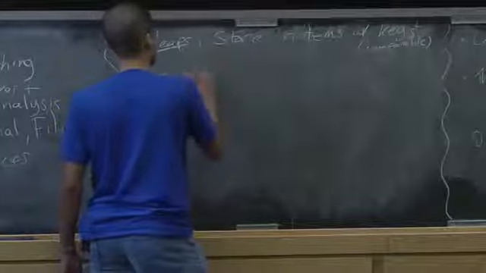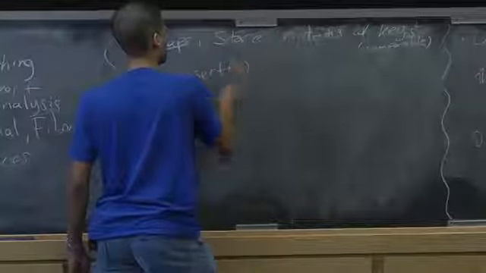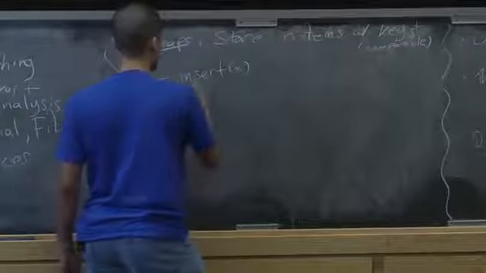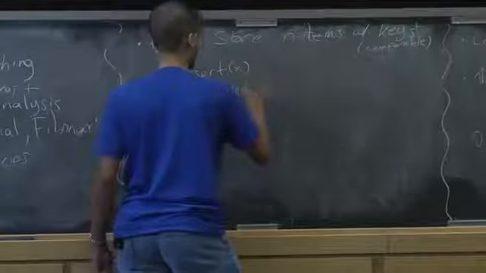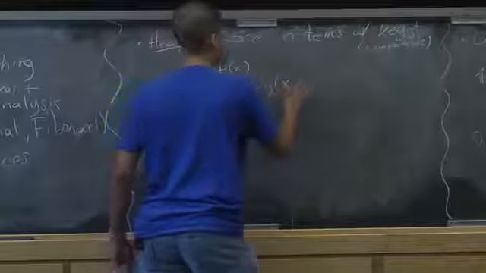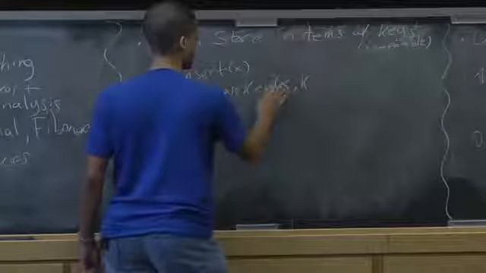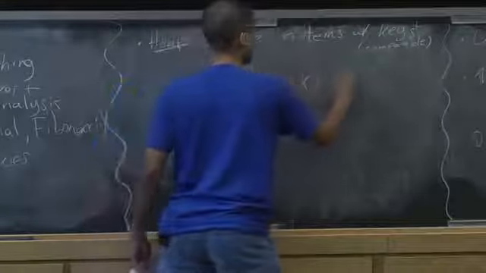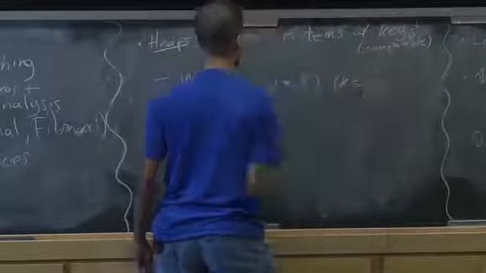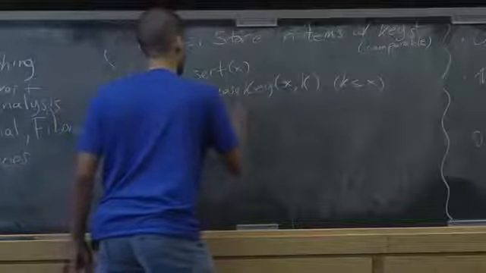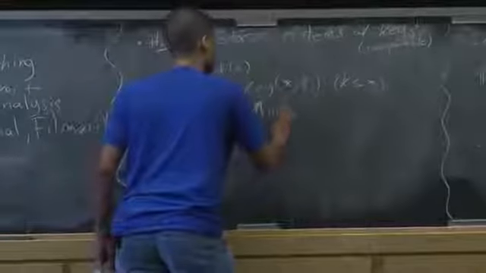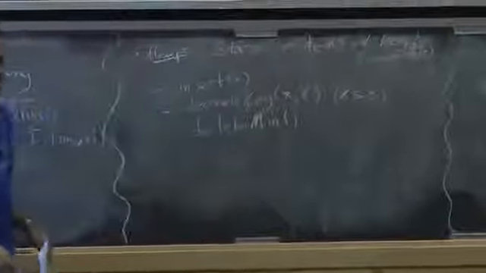We insert an item with a key. We also decrease key, from x to some new k, where k is less than or equal to x. And we also delete min, which returns the minimum element and also deletes it from the heap.